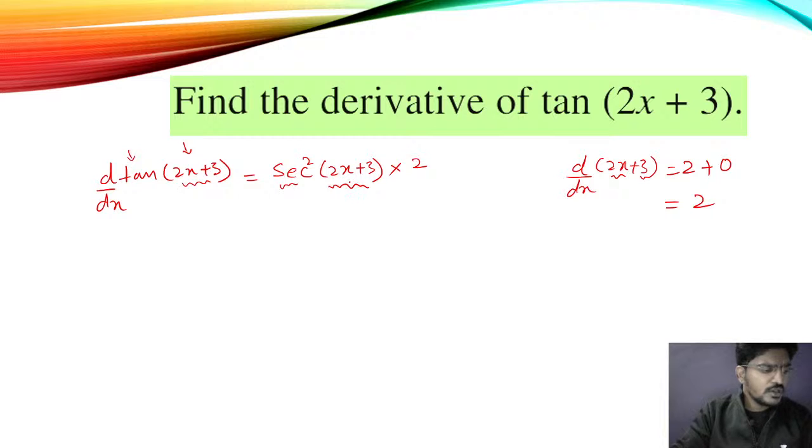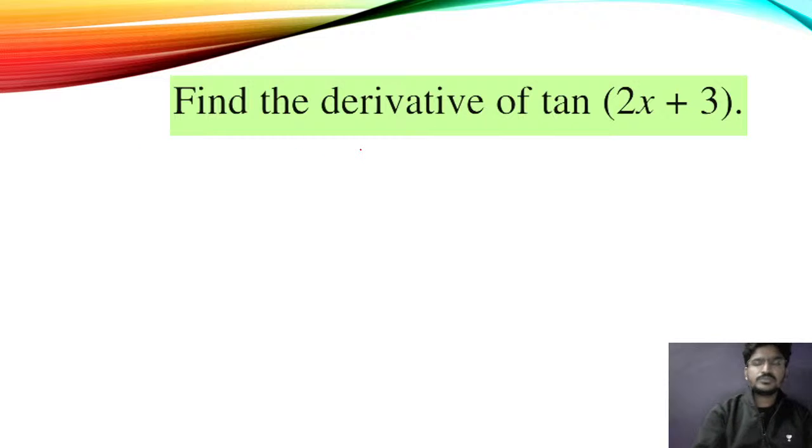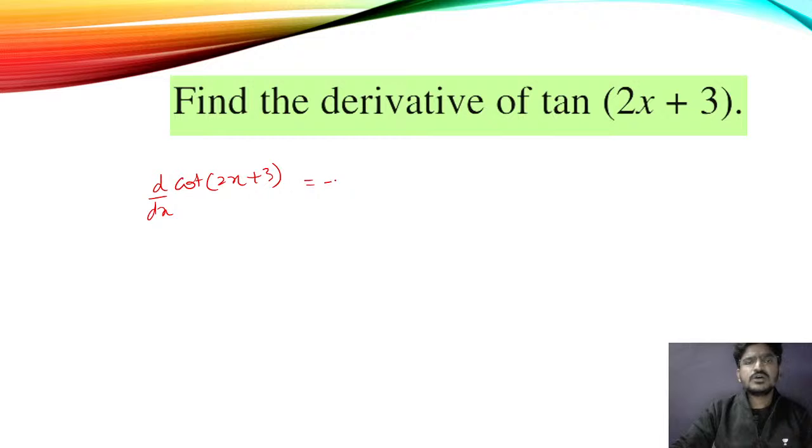Okay. So please remember that chain rule formula and you have to use the logic of chain rule. Clear? No problem. Try cot of 2x plus 3 on your own, that is d by dx of cot of 2x plus 3, that is minus cosec square of 2x plus 3, because differentiation of cot is minus cosec square.